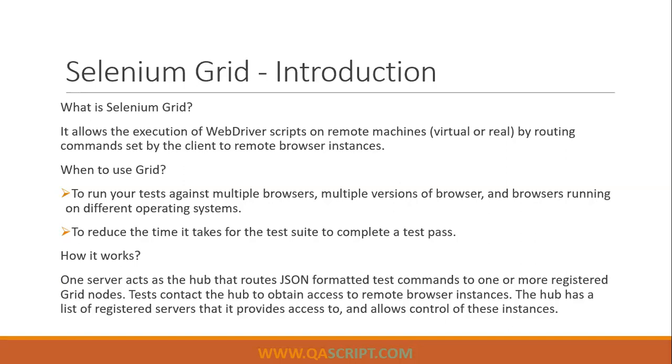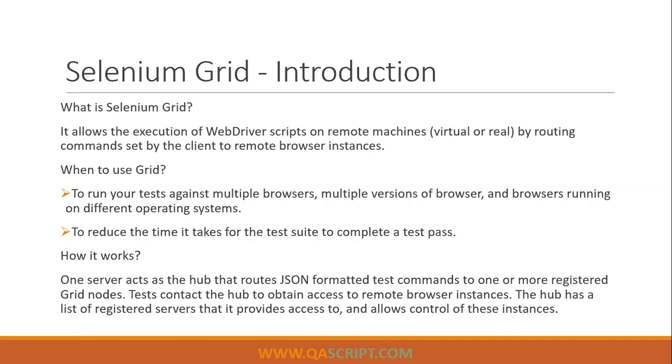Now, how does it work? One server acts as a hub that routes the JSON formatted test commands to one or more registered grid nodes. So one server will act as the grid hub, and there will be several nodes or machines which act as the nodes of this particular hub. Whenever you write tests, the Selenium WebDriver client contacts the hub to obtain access to these remote browser instances.